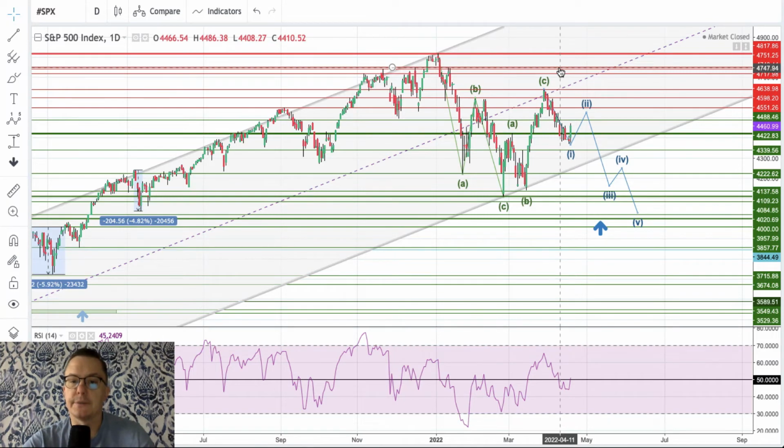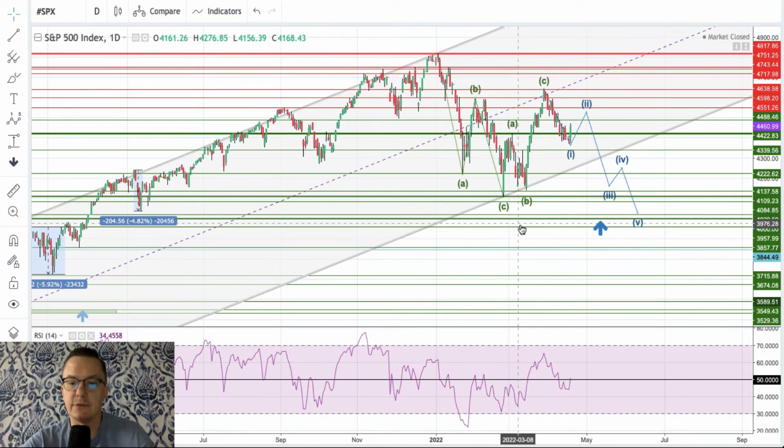So right now the upside is still included in our scenario. However, first we need to complete the corrective pattern, and the first correction we will be exploring is the simple correction, plain ABC to the downside.